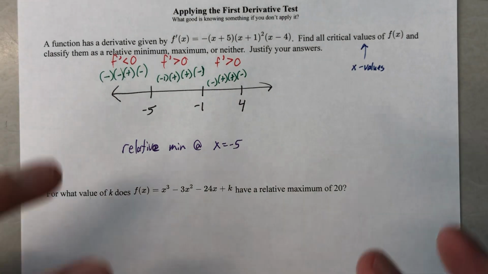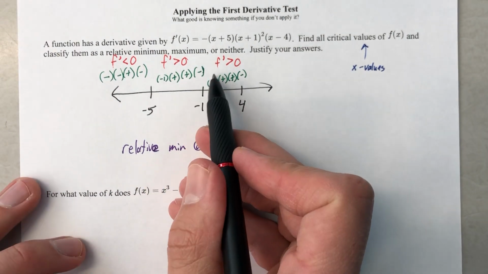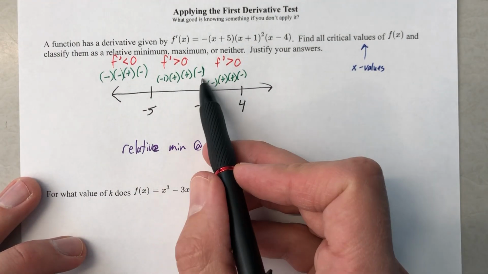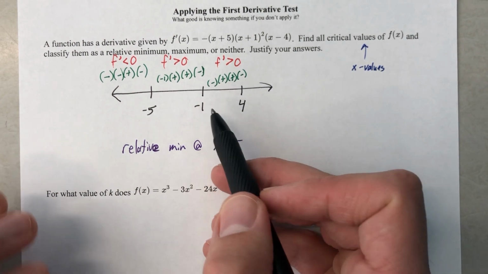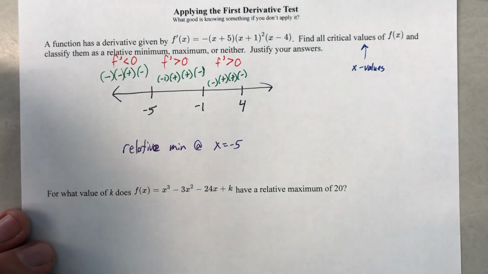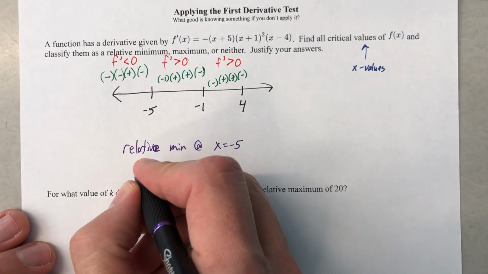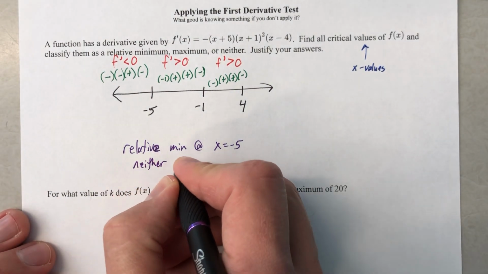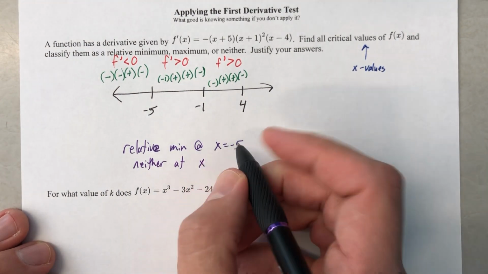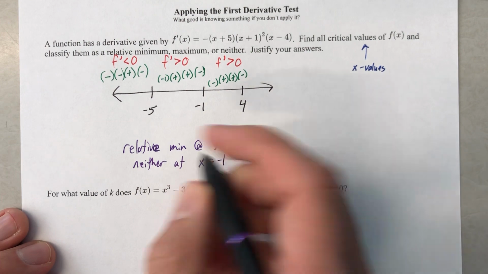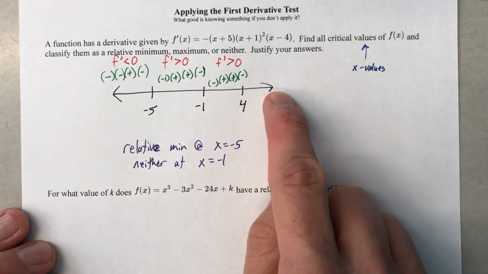So you have transitioned, so to speak, from a positive to a positive, meaning your function was increasing and then it kept increasing, which means you've not reached a maximum or a minimum. So this one is neither. So we're going to say that we have neither at x equals -1.